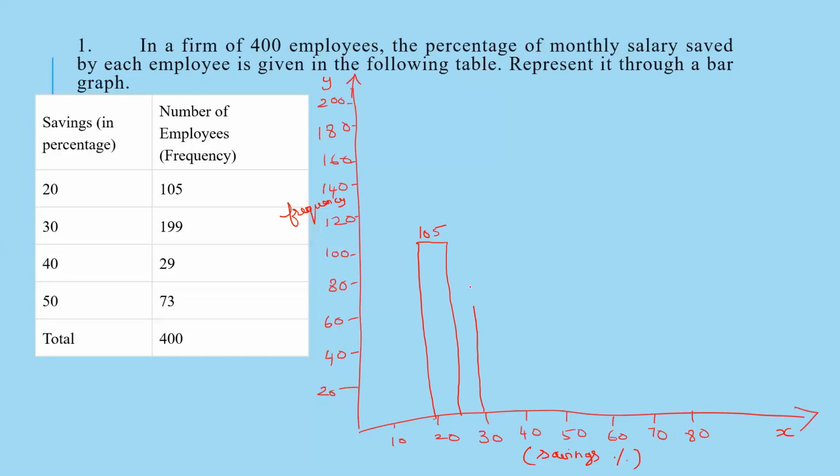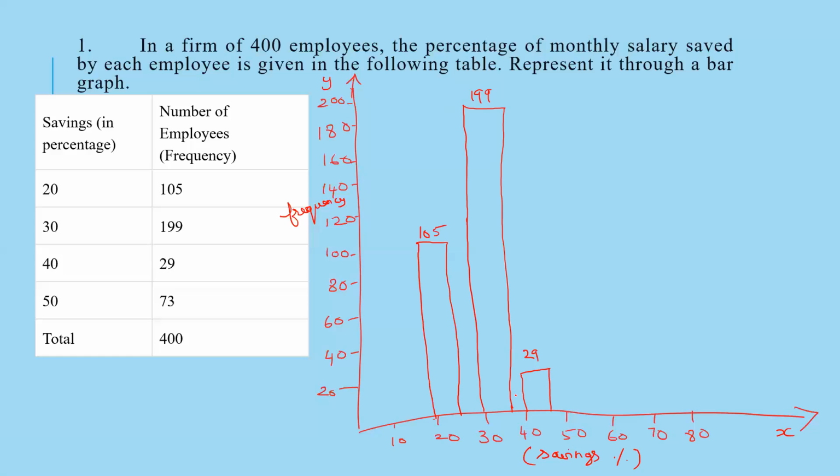So this again, we are going to show it like this. So 199 is just a little below 200. So this is going to be 199. Then 40 on the x-axis and 29 on the y-axis. This is going to be somewhat like this, 29.